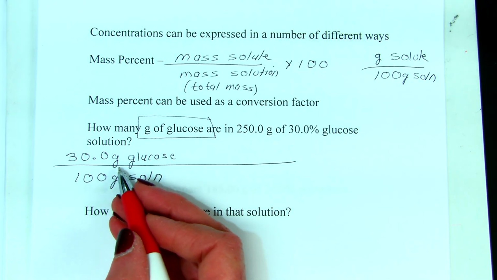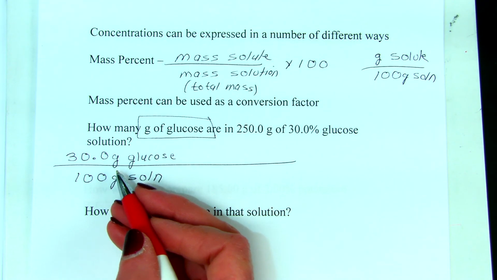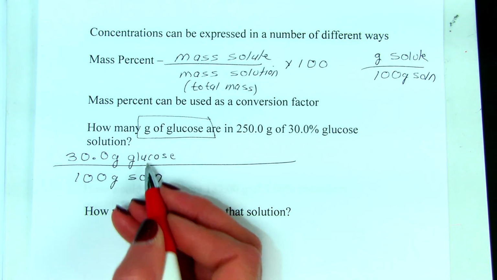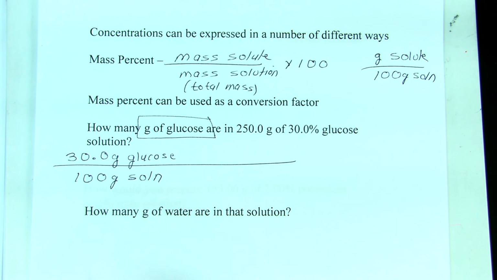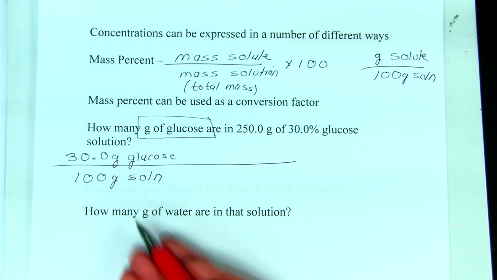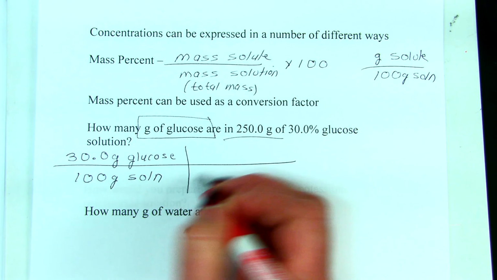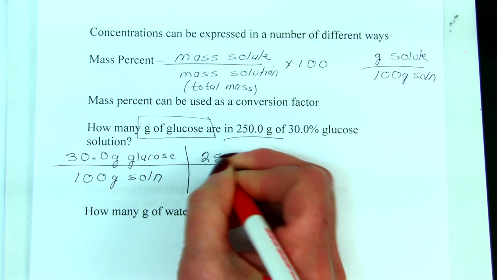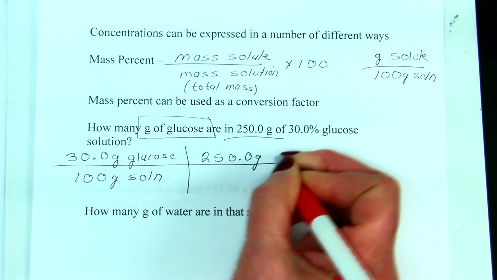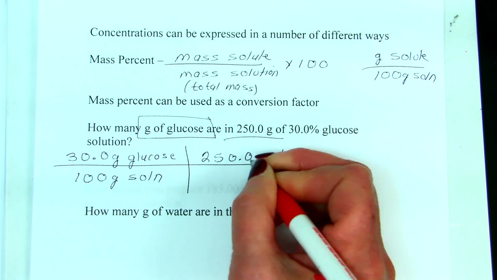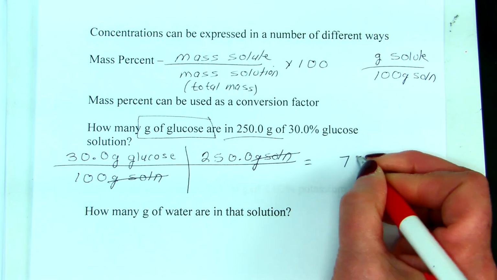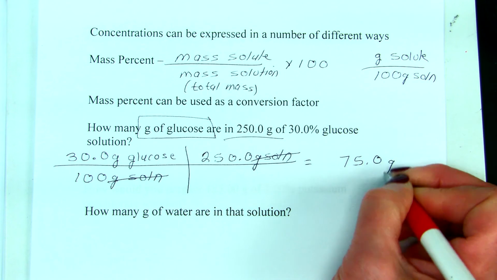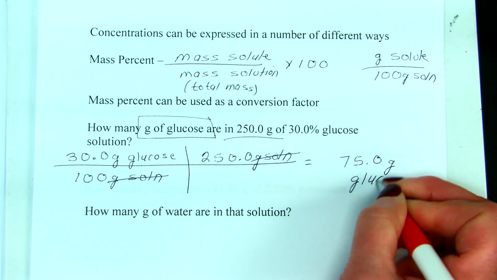You always start with what you want and you'll never end up upside down. I started with my grams of glucose on the top per 100 grams of solution. Now to get my answer in grams of glucose, I have to get rid of grams of solution. So I multiply by the 250 grams of solution. Grams of solution cancels. I have the unit I want. And I have 75 grams of glucose.